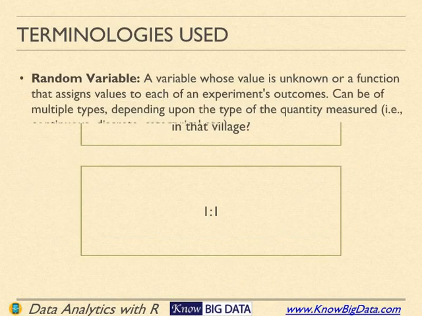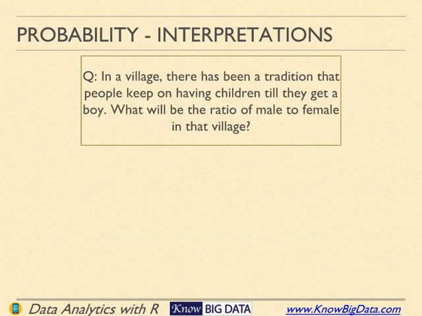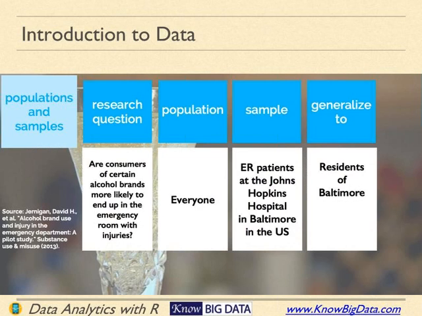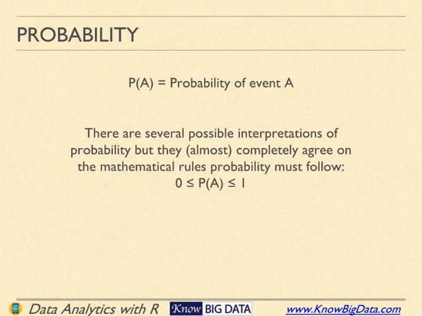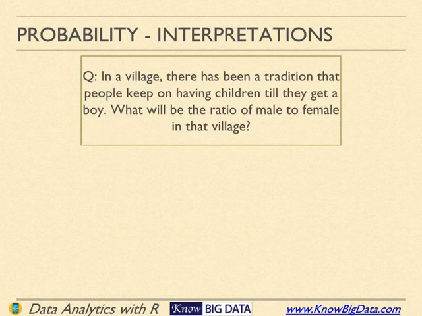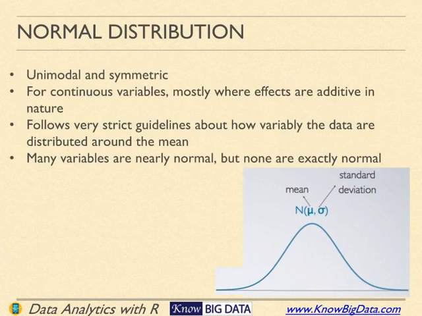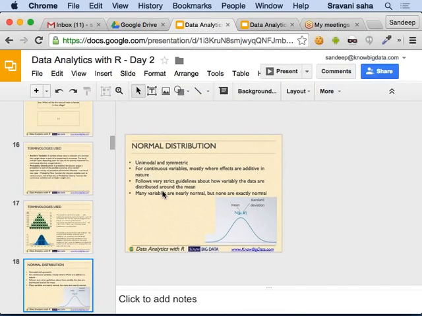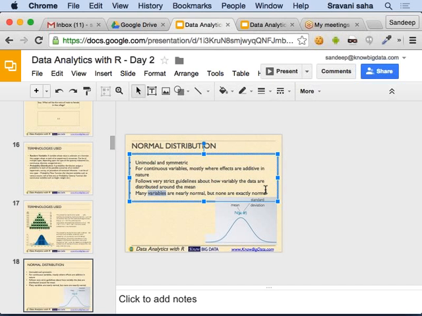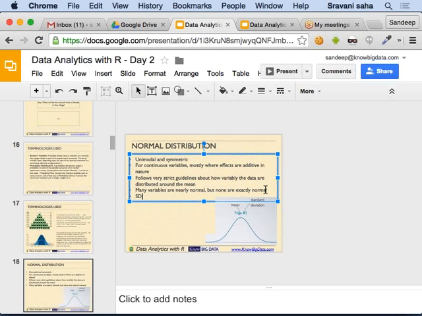What is standard deviation? The last slide for standard deviation. Standard deviation is computed as the square root of x minus average.